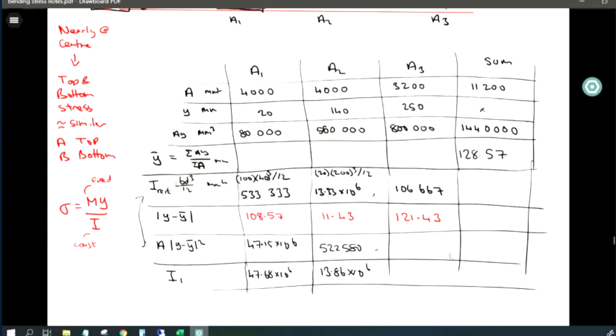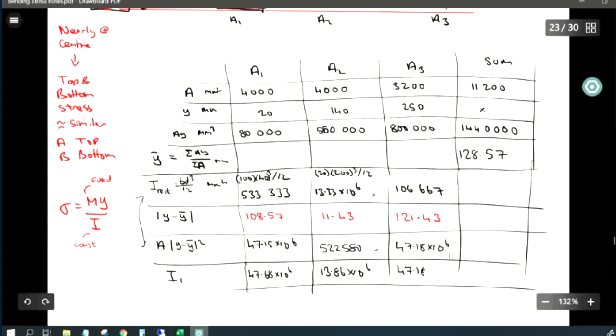So the last one here, the distance is 121.43. So multiply that by itself and then by the area, and we get 47.18. Sorry, 6.